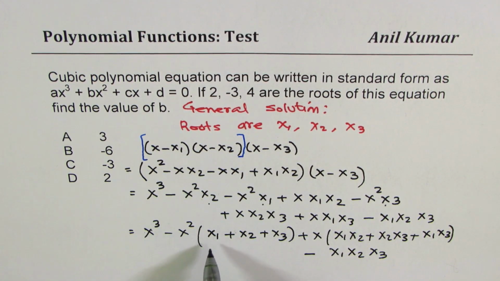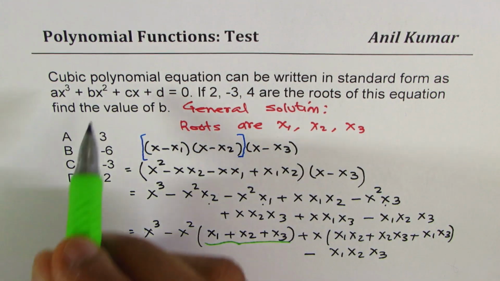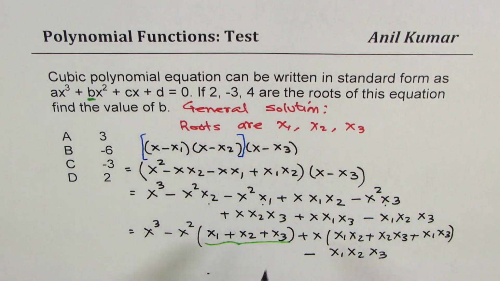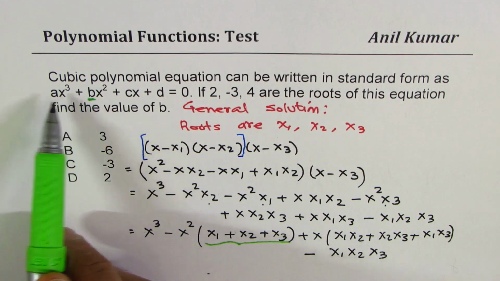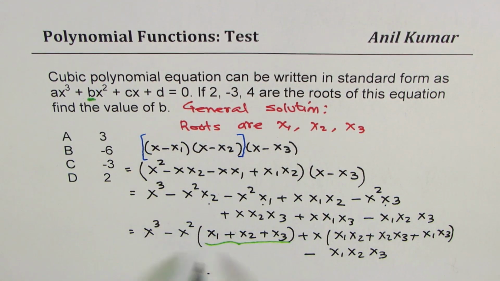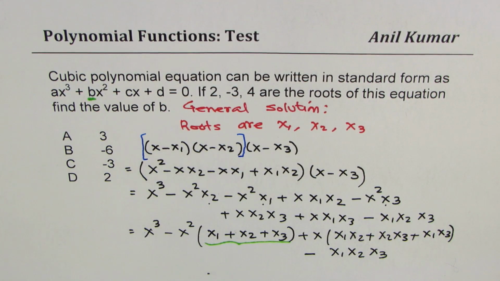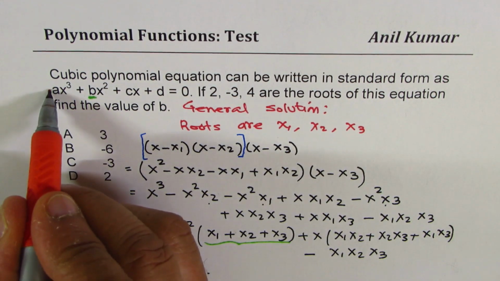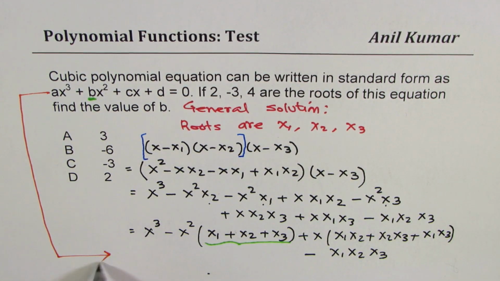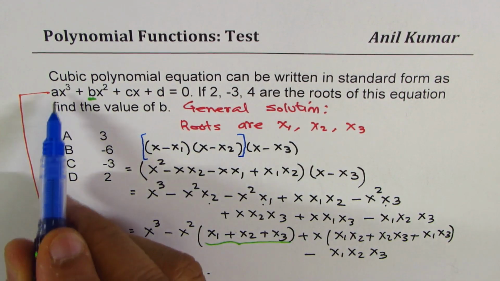Now you can see that the coefficient of x squared is basically this, provided we divide by a. The only difference between the given equation and the equation we have is this. Let's take a common.